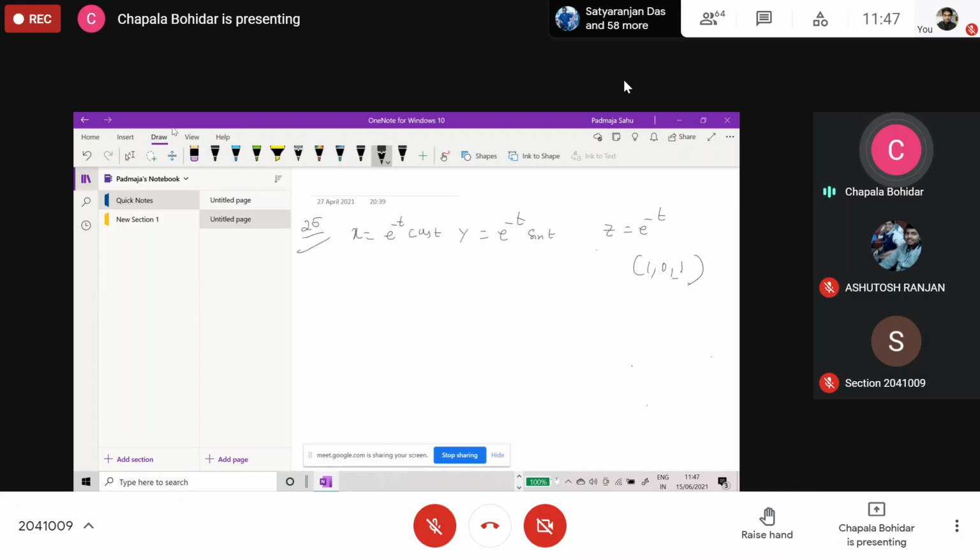But using the vector function, write down the curvature. Absolute value of r dash t cross r double dash t, divided by absolute value of r dash t whole cube.